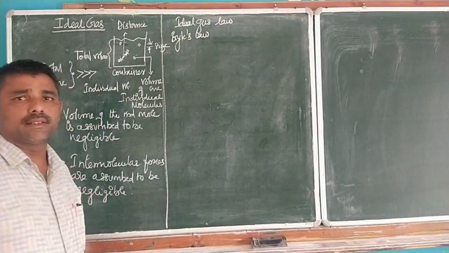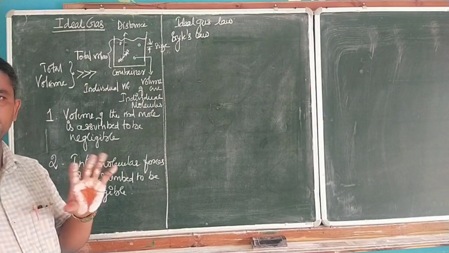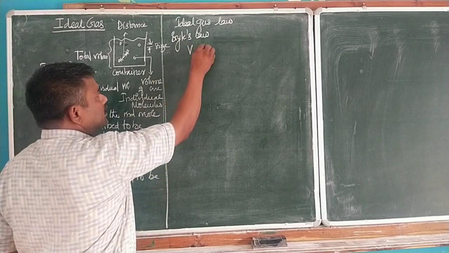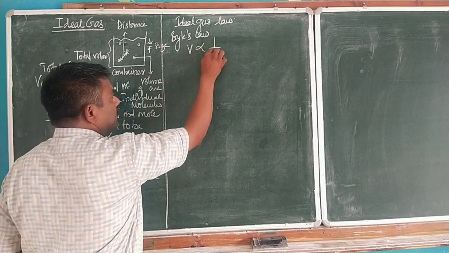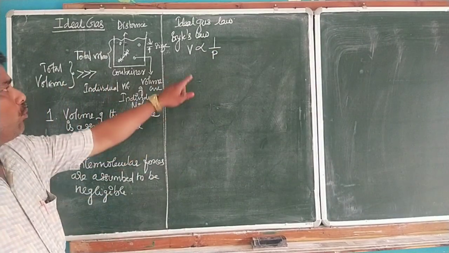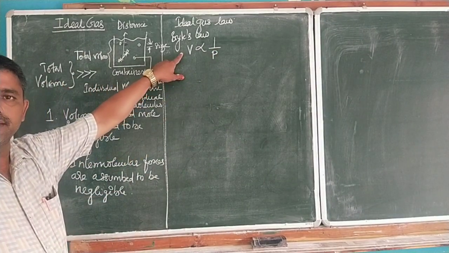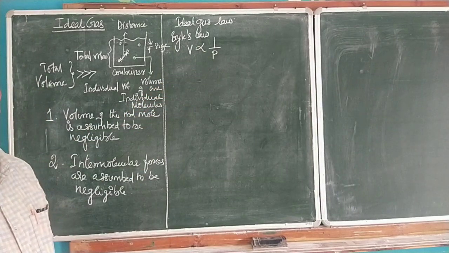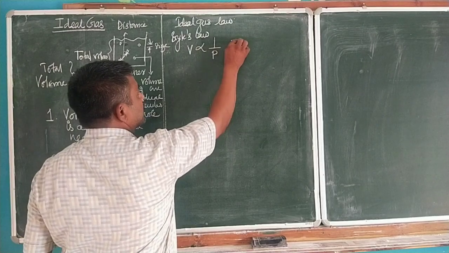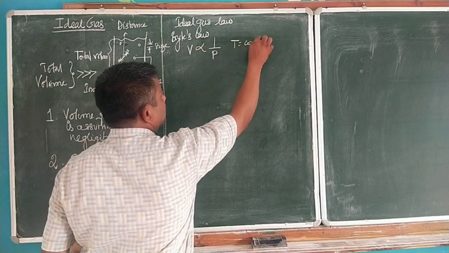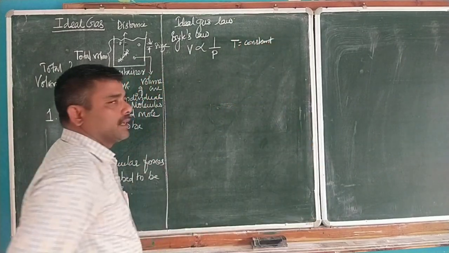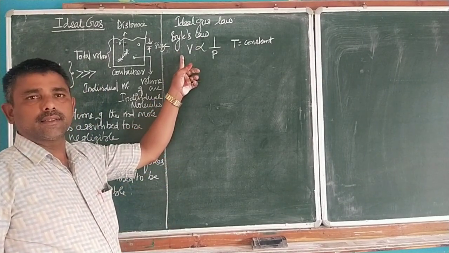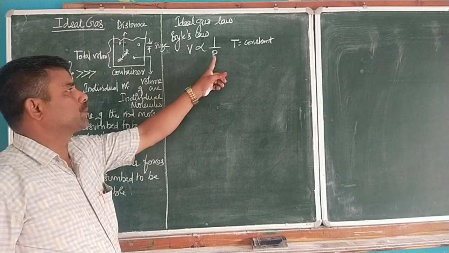Boyle's law states that the molar volume of an ideal gas is inversely proportional to the pressure of the gas, subject to the condition that temperature is held constant. When temperature is constant, the molar volume of the ideal gas varies inversely with respect to pressure.